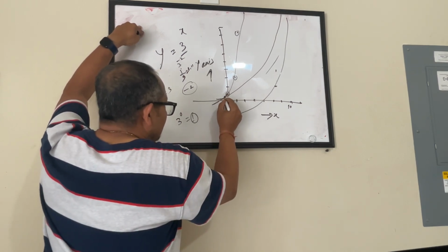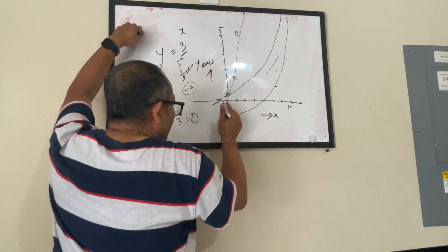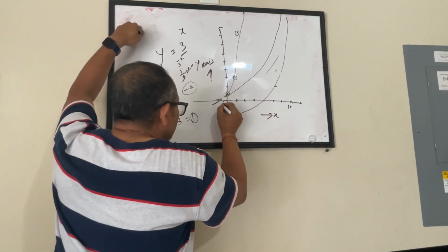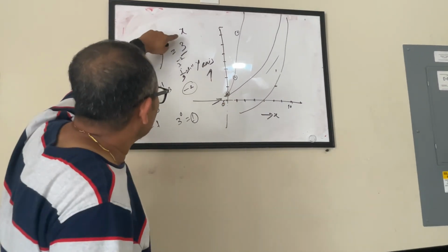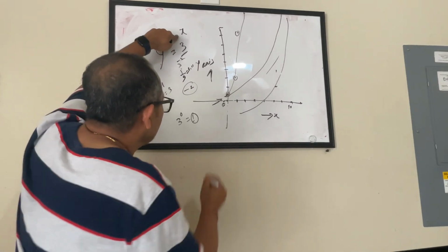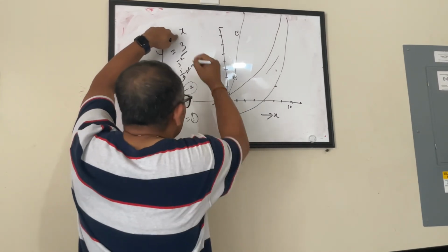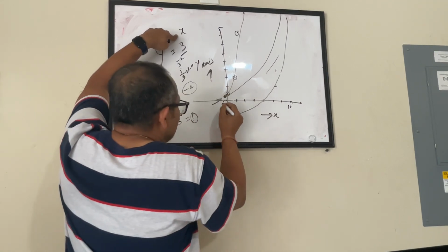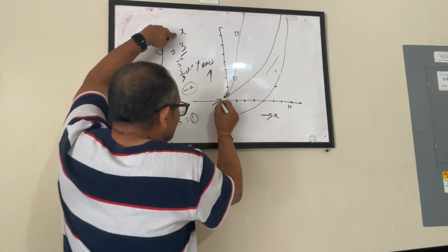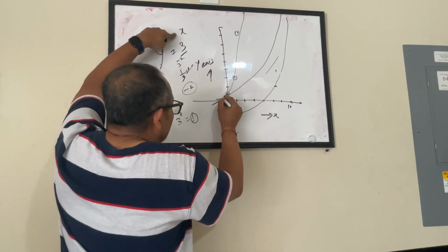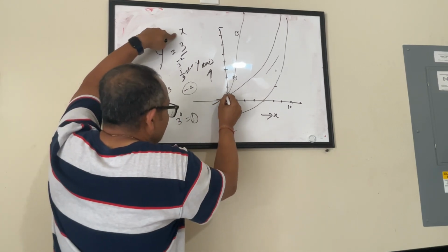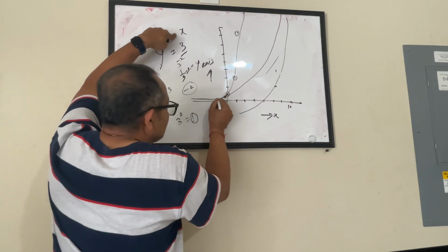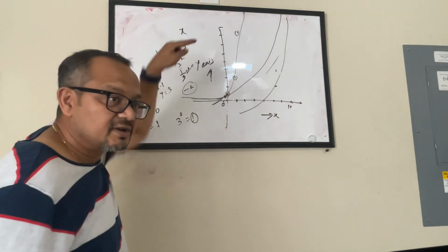When x is minus 2, it becomes 1 by 9 here. And you will see that the curve starts coming this way.